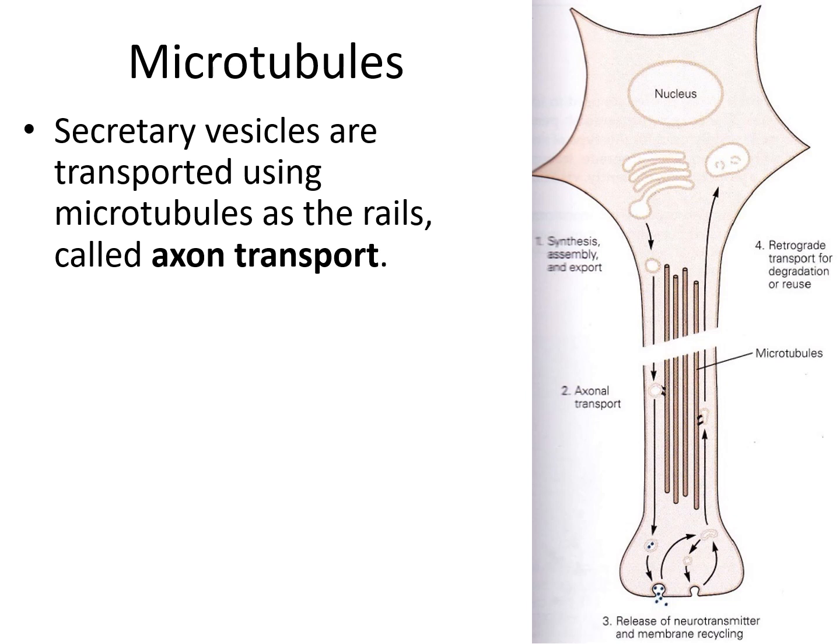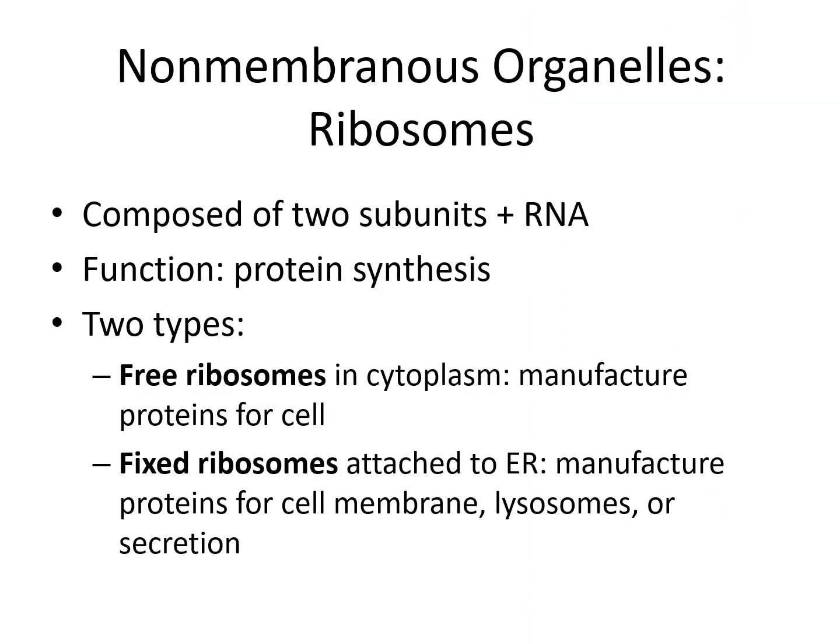So it has to be transported in some way. And that transportation inside of the neuron is by axon transport. And that axon transport is achieved by this cytoskeleton called microtubule. So those are the important cytoskeletons.